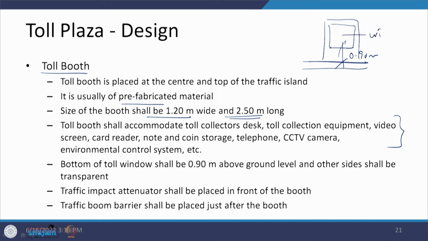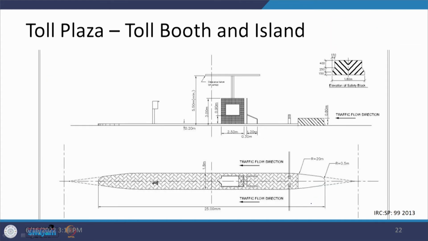So, this is the window, and this transparent area has to be provided all along on all the sides, so that anything happening inside is visible from outside also. Traffic impact attenuators or boom barriers need to be provided on either side of this booth. So, here you can see that there is a booth, and it is being provided on an island.